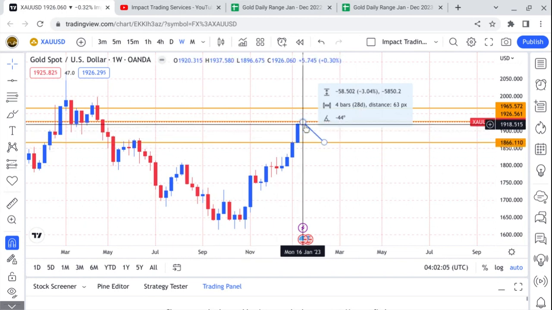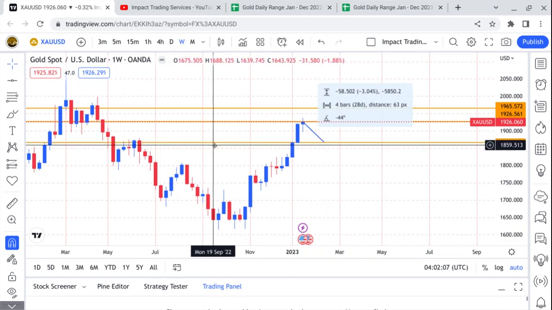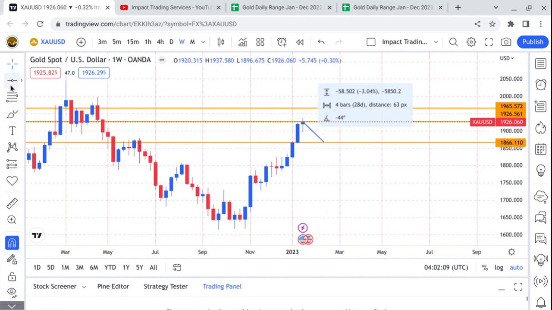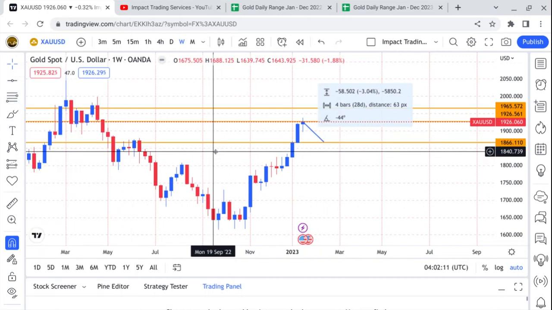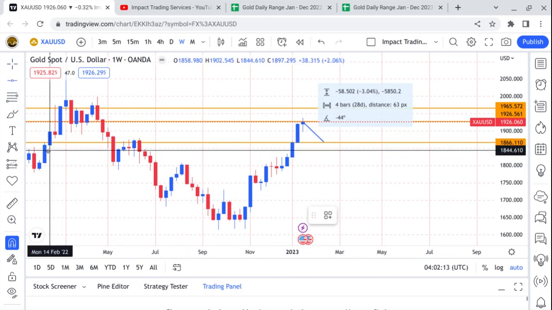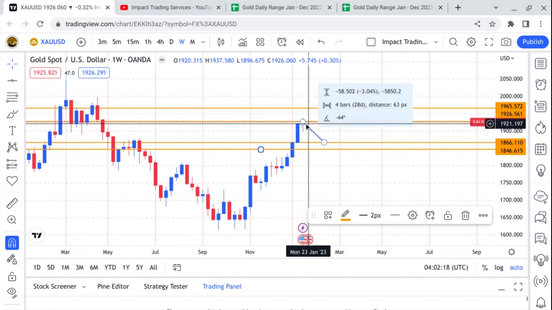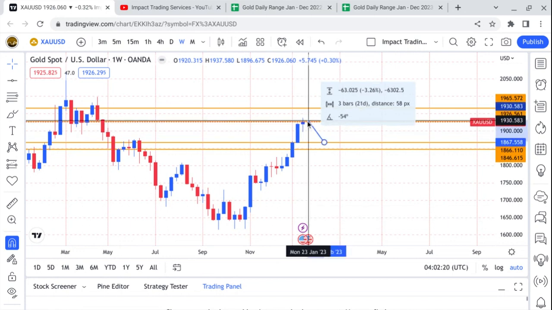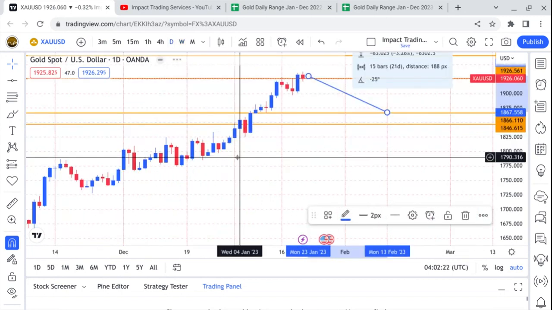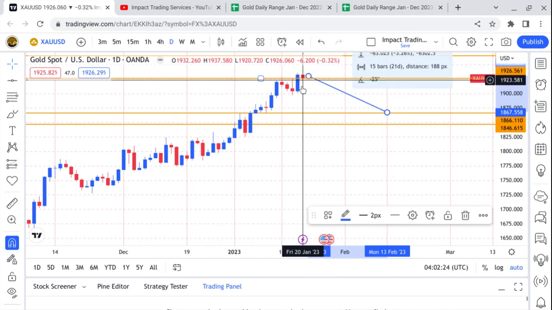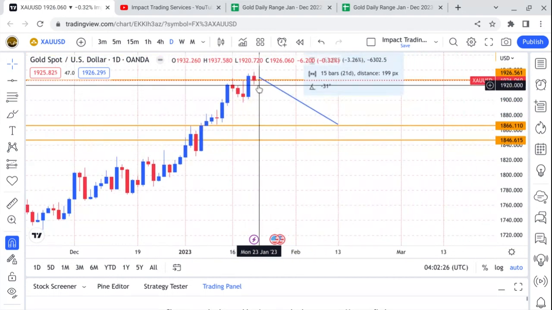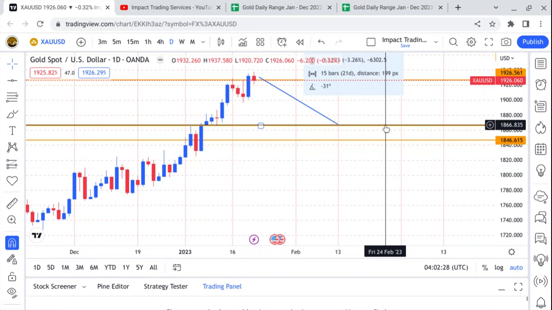So if this week comes back 5,000 pips, then we can start looking for demand in these areas as we plan for a possible larger pullback this week, because we did get a daily pin bar. So this week may come back down 6,000 pips, but where does that put us?